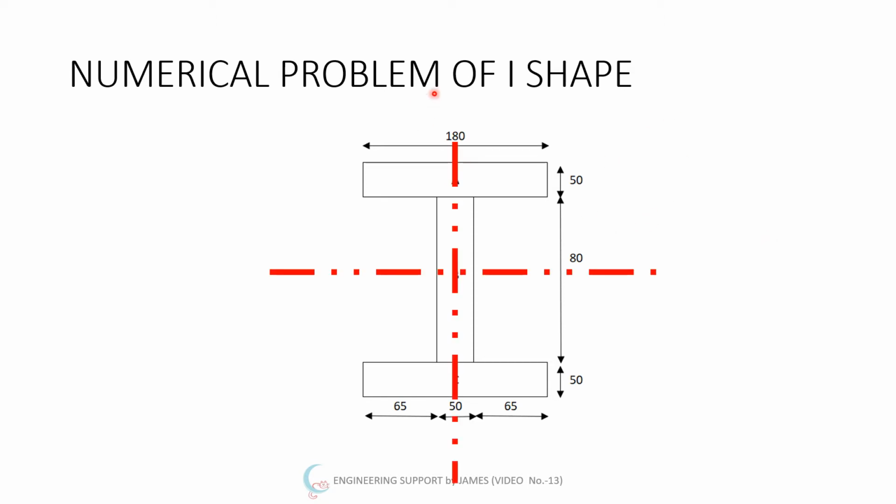As you can see here, this section is symmetrical about both the axes. So basically the centroid in vertical as well as horizontal direction will be 180 divided by 2. So the answer for x bar and y bar is 90, means the center is located here.